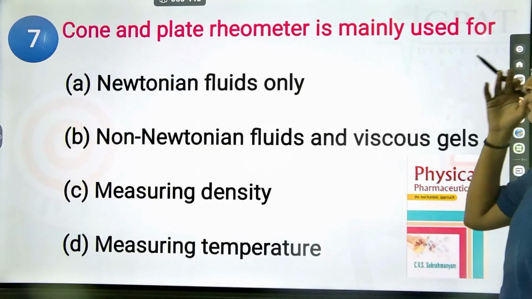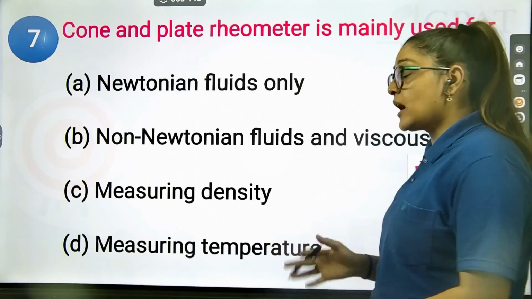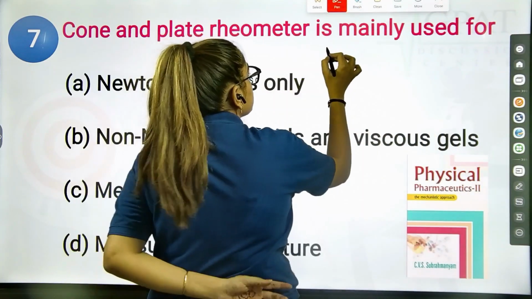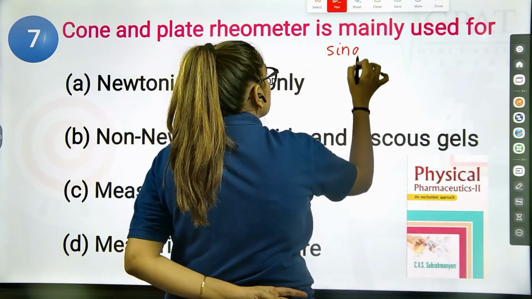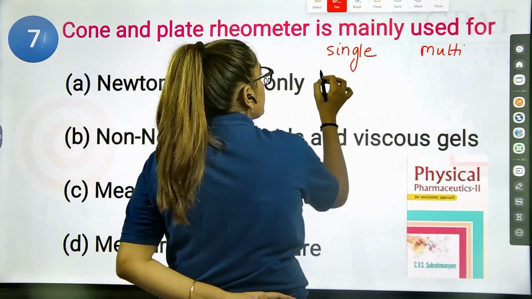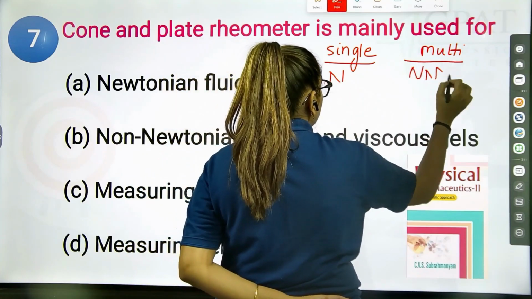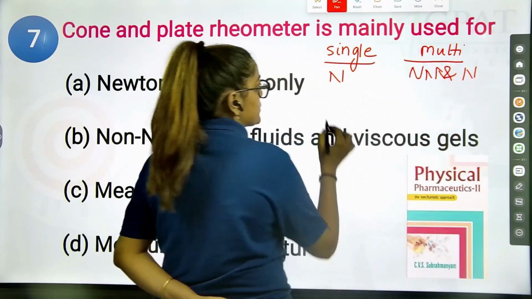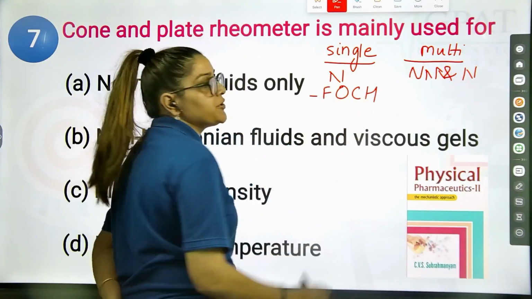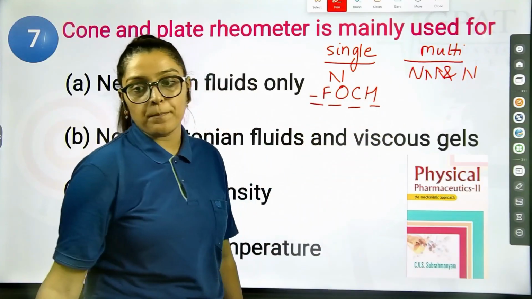Okay. Next, cone and plate rheometer is mainly used for. Now, Newtonian, non-Newtonian fluids, based on the viscometers, we usually take the single point viscometer and multi-point viscometer. The single point viscometer is for the Newtonian system. The multi-point is for both non-Newtonian and Newtonian. For single point, we have G. I have already told you this trick. G, falling sphere, Oswald capillary, Hoppler, right?